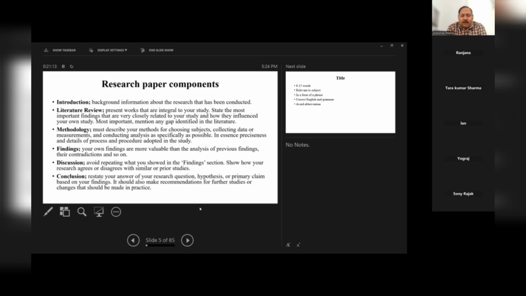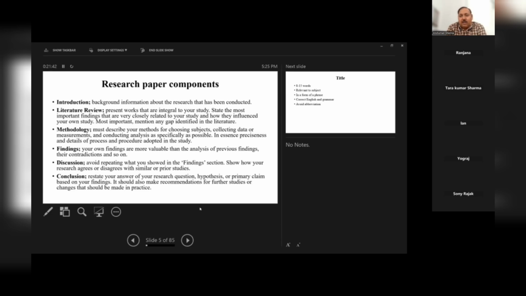Now, the finding part is again very mechanical in nature. Discussion is again a creative part. Why? Because in a discussion, it's not only about what your results are saying. You have to say what your results are saying, plus why these results are there. And the big part is if by chance one of your results is not satisfactory, like it is insignificant, while the literature suggests that that particular relationship is significant.